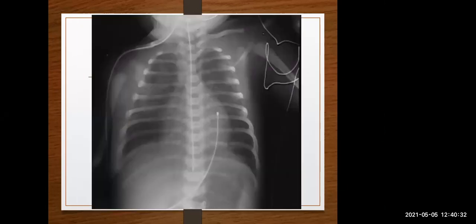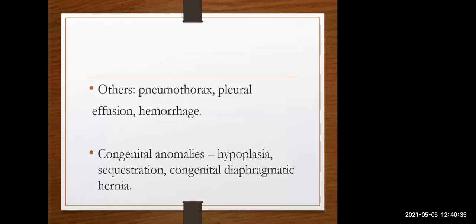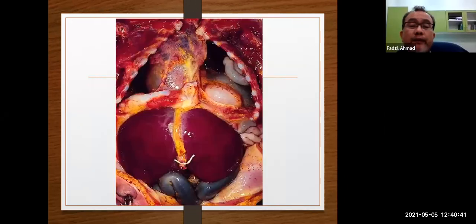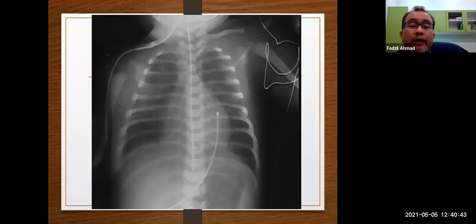Dato, sorry if I ask too many questions. How can we know hyperinflated lung in X-ray? You have to look into the X-ray. You can see the diaphragms, and then you count 1, 2, 3, 4, 5, 6, 7. It should be by 5 here.